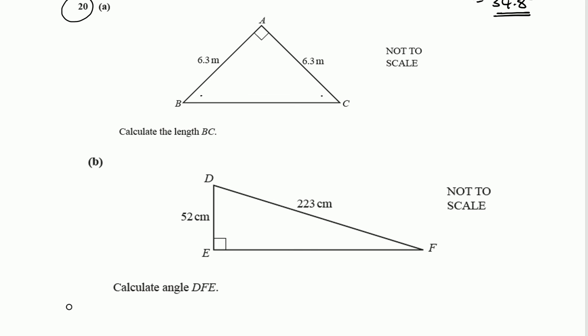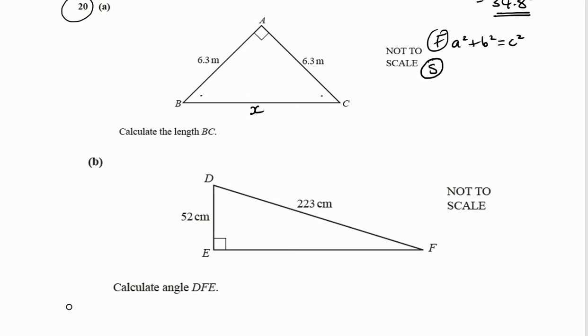Now they haven't labelled this for me, but in order to do algebra, the thing we're interested in needs a name. I'm going to call it x. Pythagoras' theorem says a squared plus b squared equals c squared. We do have to be careful when we're substituting into Pythagoras' theorem. Think about it sensibly. The two shorter sides are combined to get the longest side.